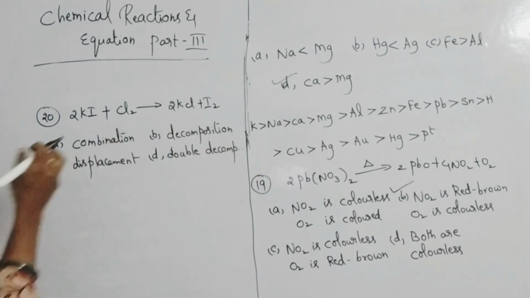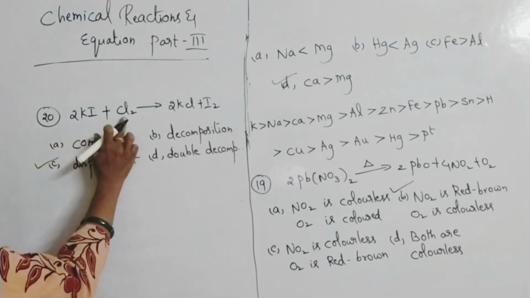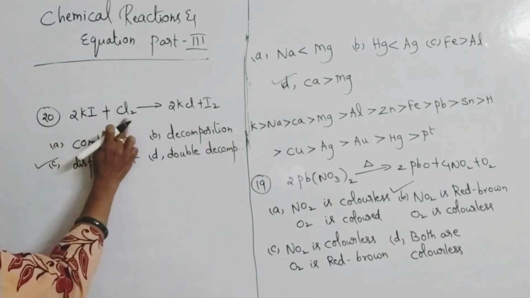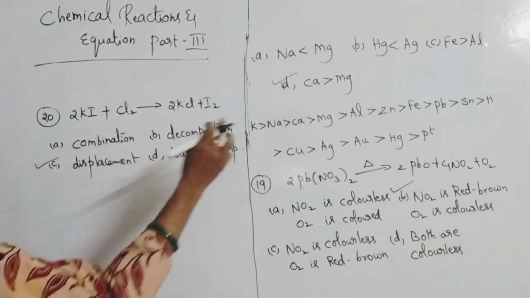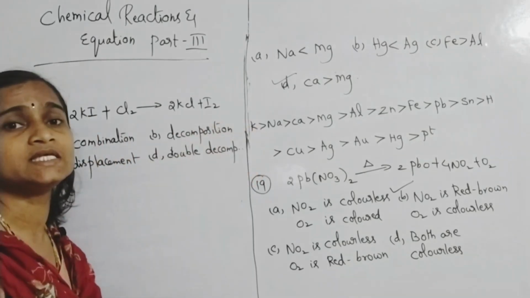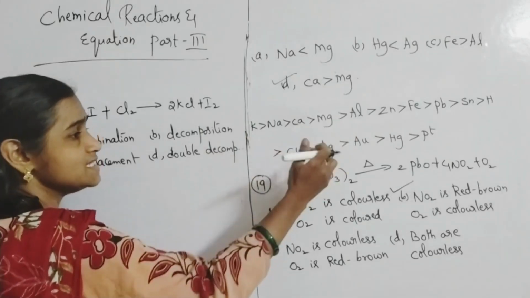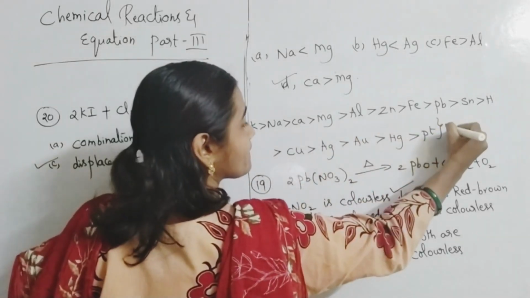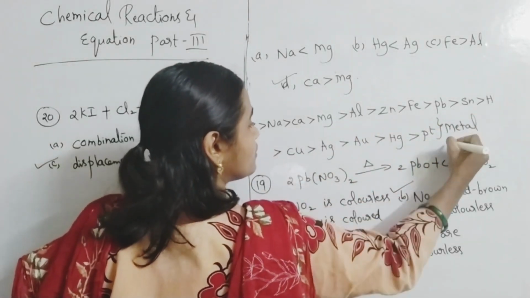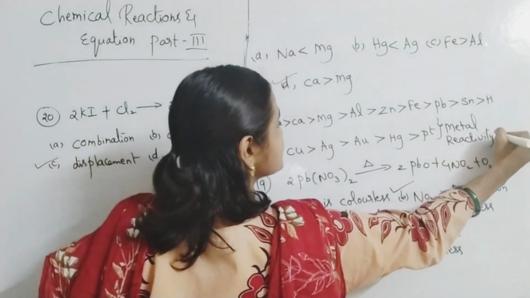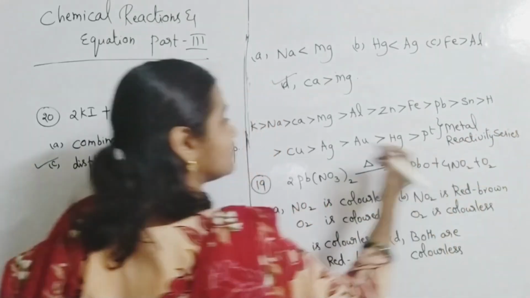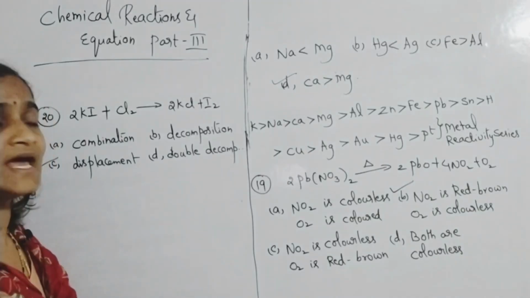So the answer is displacement reaction. Here chlorine is a non-metal, but still it is a highly reactive non-metal. It is displacing a less reactive non-metal here. I told you only the metal reactivity series. This is the metal reactivity series. Please remember it. It is there on the board only. Displacement happens mostly in the metal reactivity series.